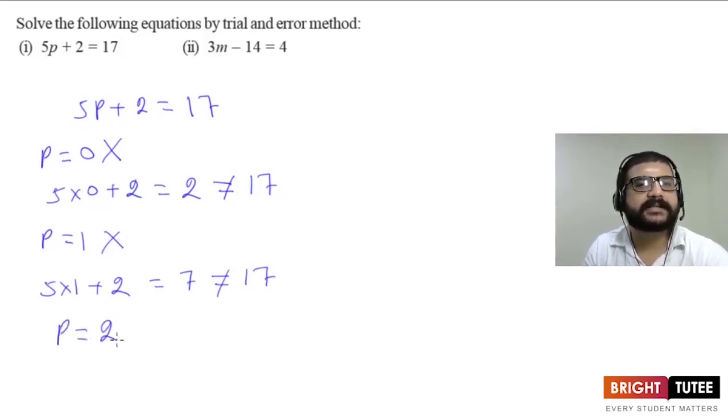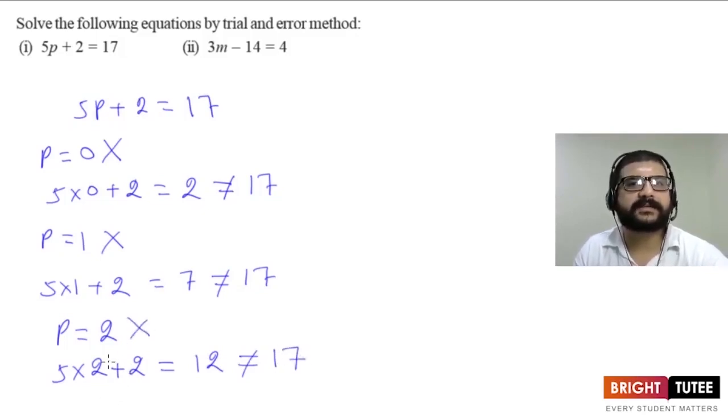Let's take p equal to 2. So if p is 2, we will get 5 into 2 plus 2. Now 5 into 2 is 10, plus 2 is 12. So this gives us 12 and we know 12 is again not equal to 17. Hence this value is also not satisfying the equation.